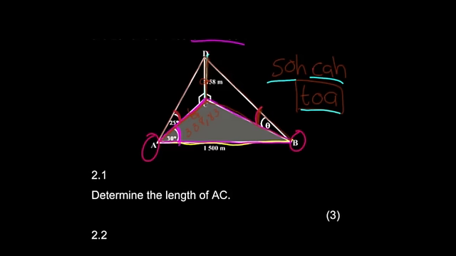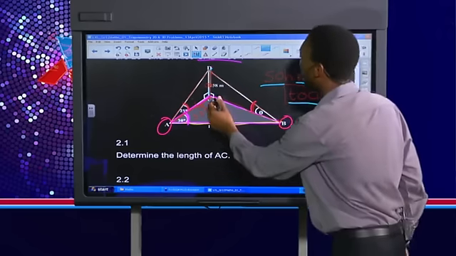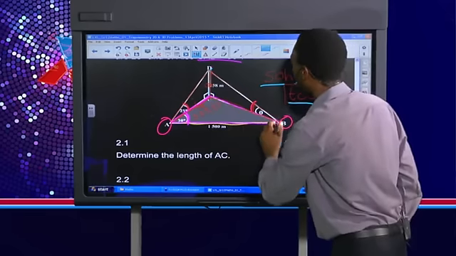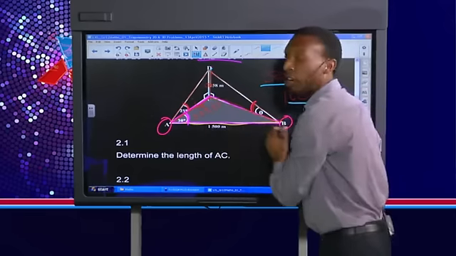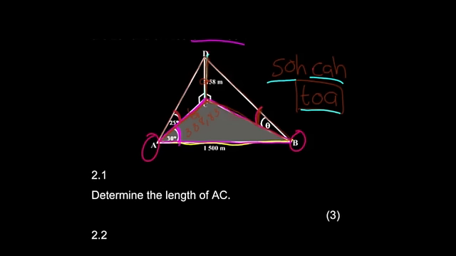But it looks like it makes more sense for us to work out side CB, because that is part of that horizontal plane. So how would we work out side CB first? Because if we have side CB, it would mean that we have the opposite and the adjacent, and we can again use tan. So let's try and work out side CB now.